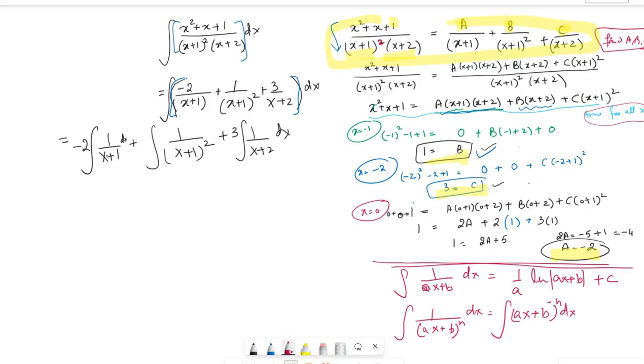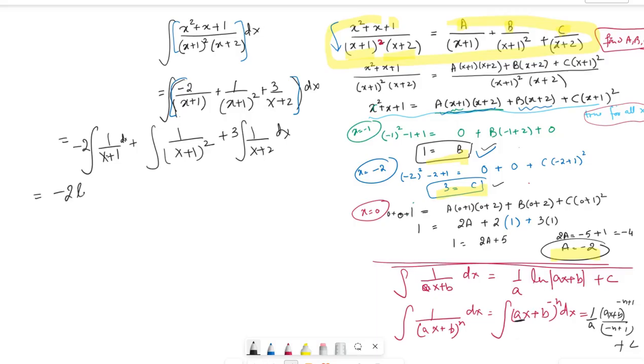But the power here is negative. So power rule, if it's a linear function inside instead of x with the coefficient of a, would be 1 by a times ax plus b to the power negative n plus 1, divided by negative n plus 1. Okay, that's how you're going to do this using the power rule. So let's work on this.